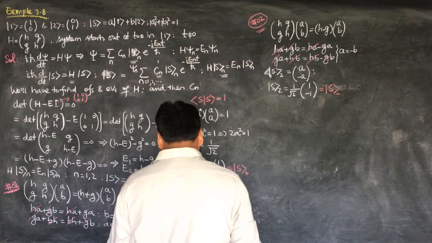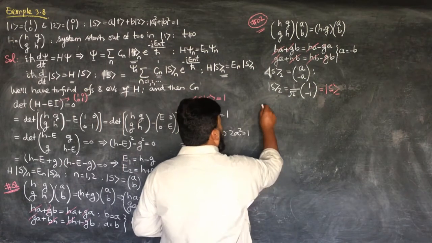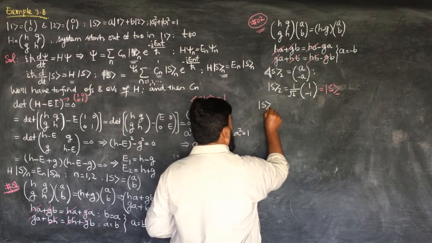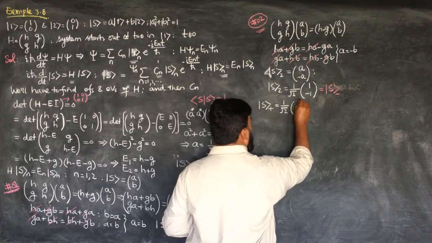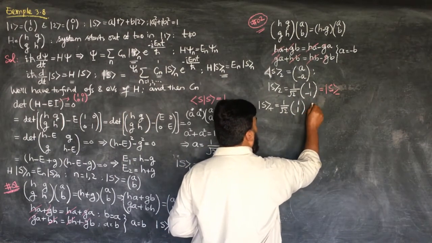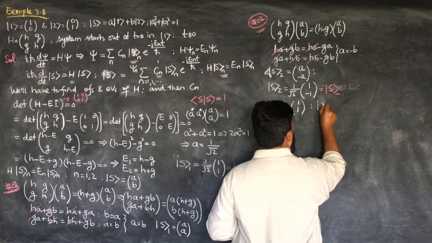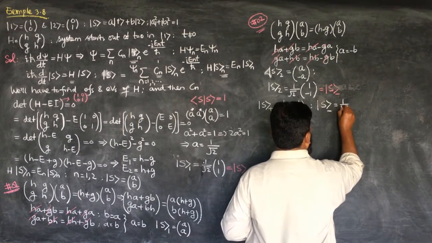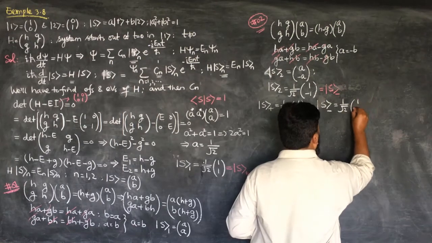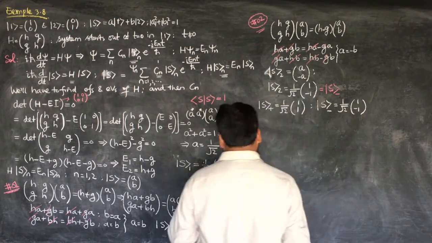So this is for the minus value. So we got the two states. One is S plus, which is 1 over square root 2, 1, 1, and the other state which is S minus, this is 1 over square root 2, and 1, minus 1.